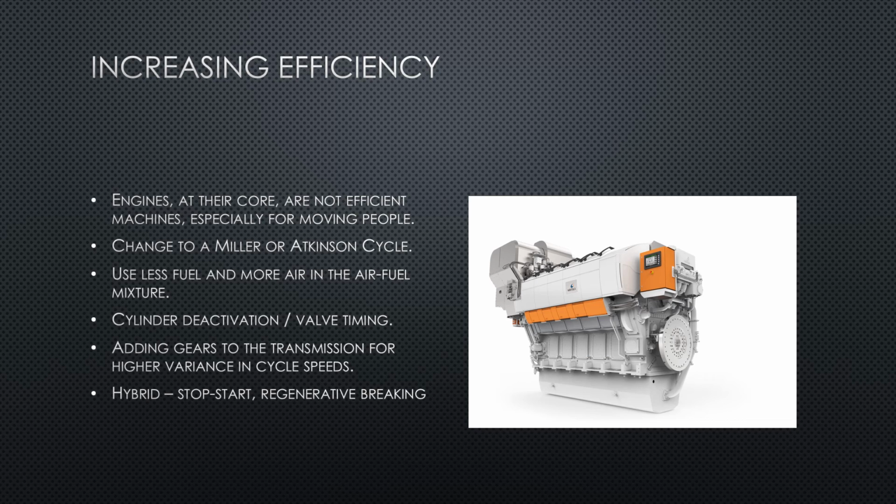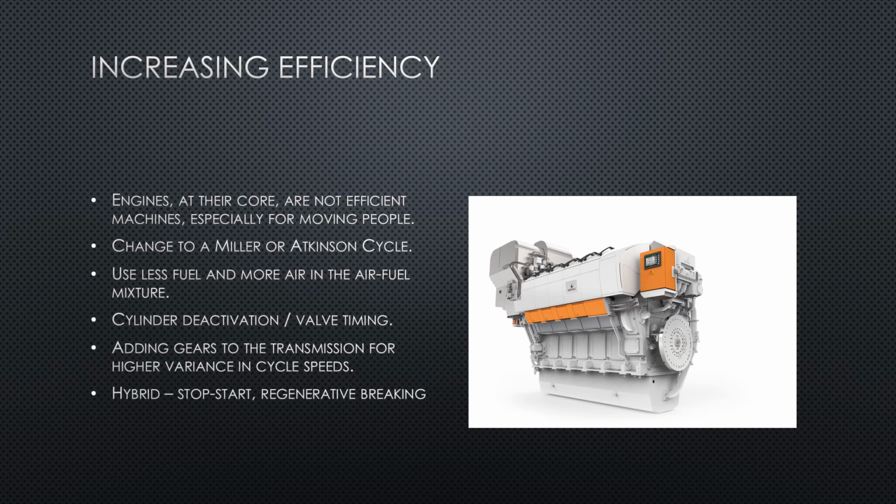And then another way, and this is by not working in the engine but working in the transmission, if you add gears to it, this allows for a higher variance in the cycle speeds that happen in your engine, right? So if you're going 55 miles per hour or 10 miles per hour, and you only have 2 gears, then all the speed between those is on 1 gear. But if you have 6 gears, then all the speed within it can change a lot.